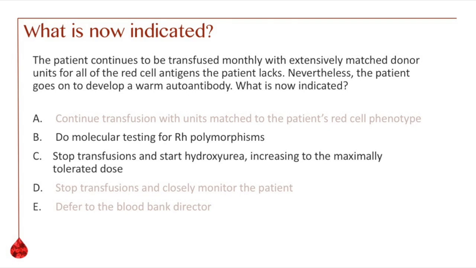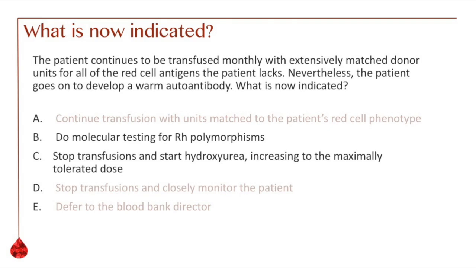Also, in this patient, one could consider stopping transfusions and starting hydroxyurea and increasing the dose to a maximally tolerated dose. Hydroxyurea therapy appears to reduce risk of recurrent stroke, although not as effectively as chronic transfusion. Continued transfusion with units matched to the patient's red cell phenotype is not recommended because the transfused cells will be hemolyzed and further destruction of the patient's own cells is likely.